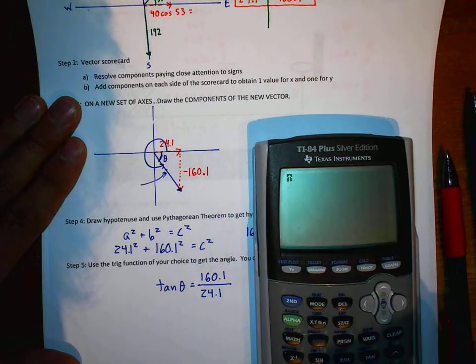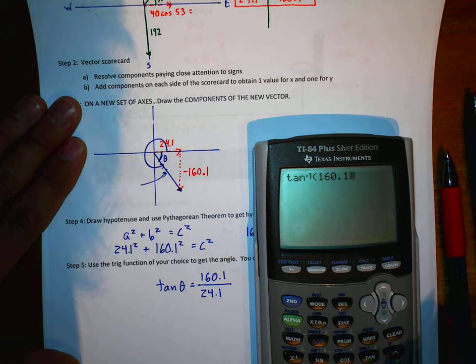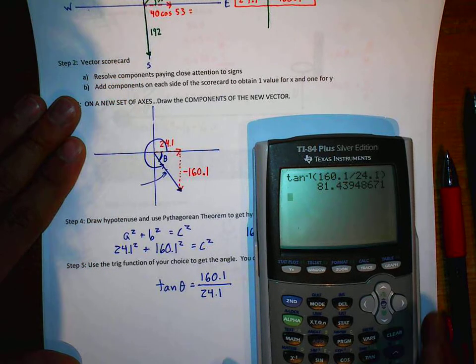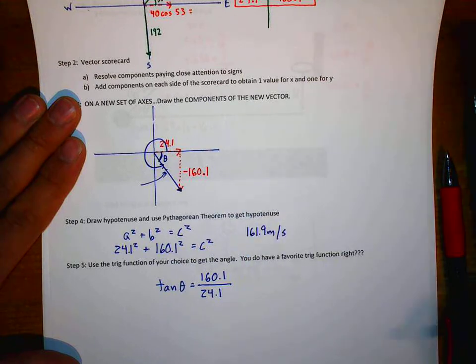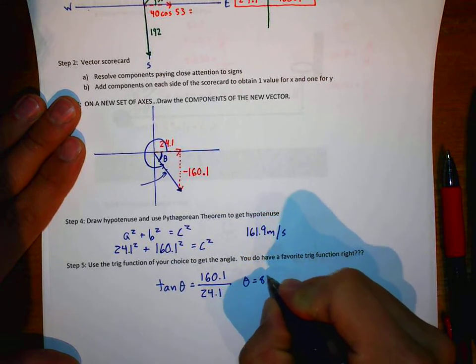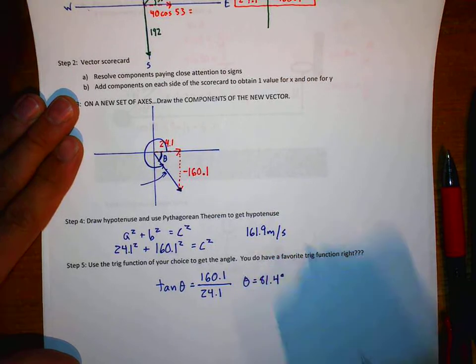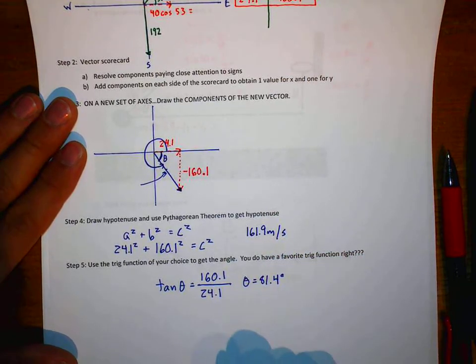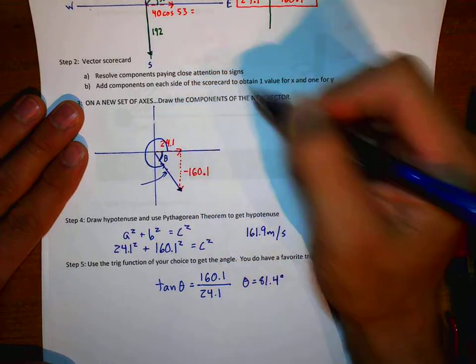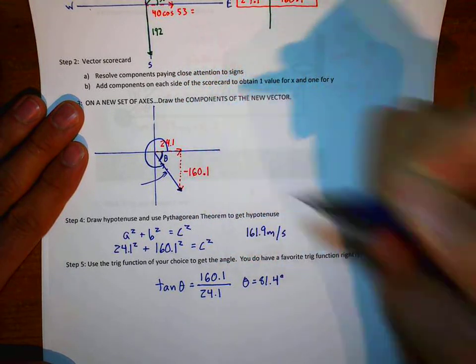So second tangent 160.1 divided by 24.1, and we get 81.4 degrees. I'll round to the tenths again. Theta equals 81.4. Alright, now since I dropped the negative sign, my calculator thinks I'm working over here. Okay, it doesn't know that we're down here because I didn't put in the negative.